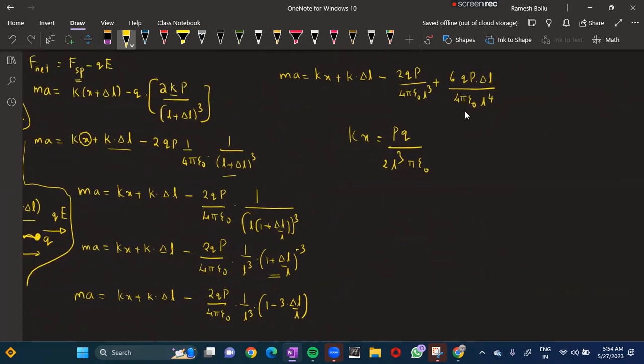From this equation, p into q by L cube into pi epsilon naught equal to how much? 2kx. I can substitute here and here also.